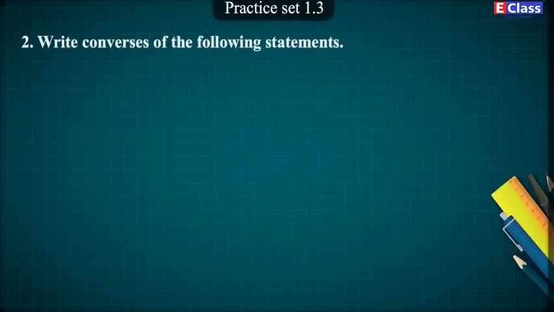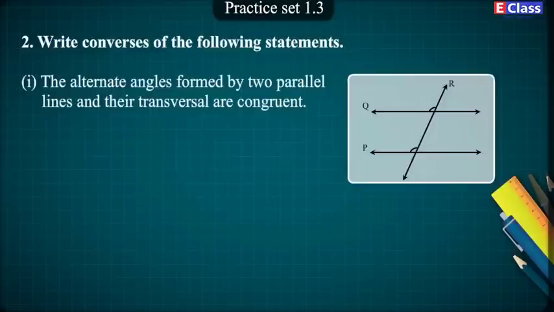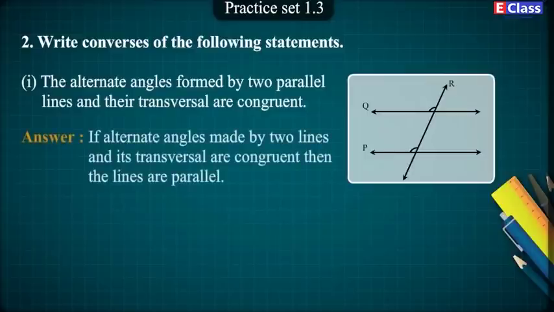Write the converses of the following statements. 1. The alternate angles formed by two parallel lines and their transversal are congruent. Answer: if alternate angles made by two lines and its transversal are congruent, then the lines are parallel.